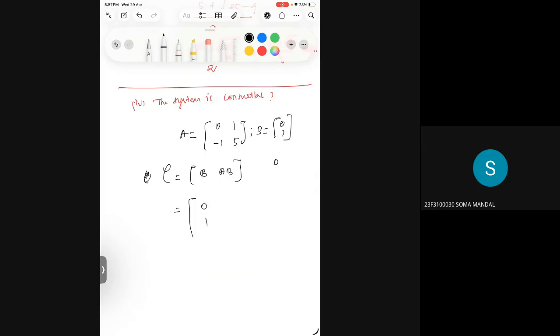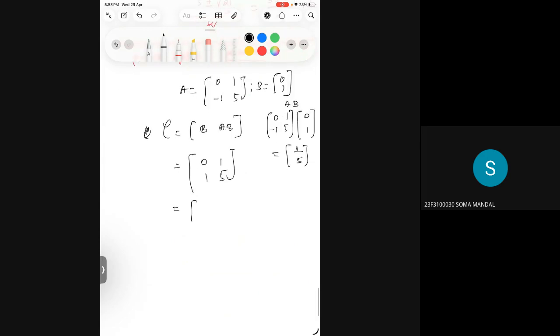If I do AB, please don't switch the order, you won't get the answer. If I do A into B, this will give me 0, 1, and 0, 5, so it will be 1, 5.